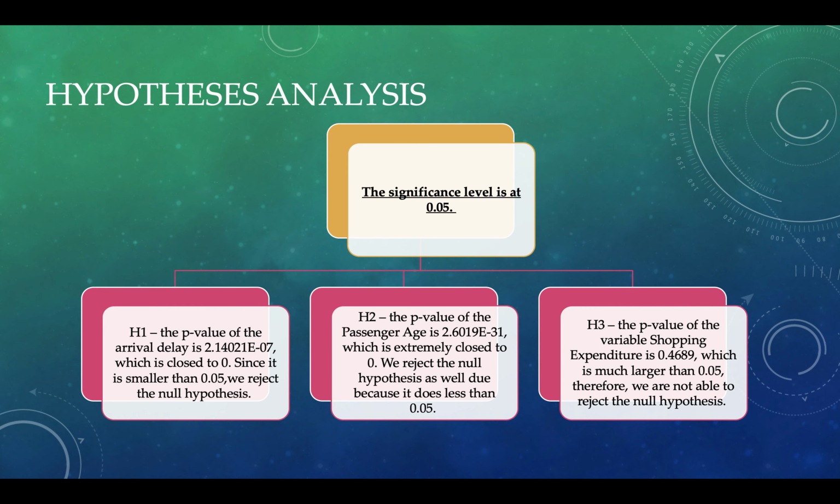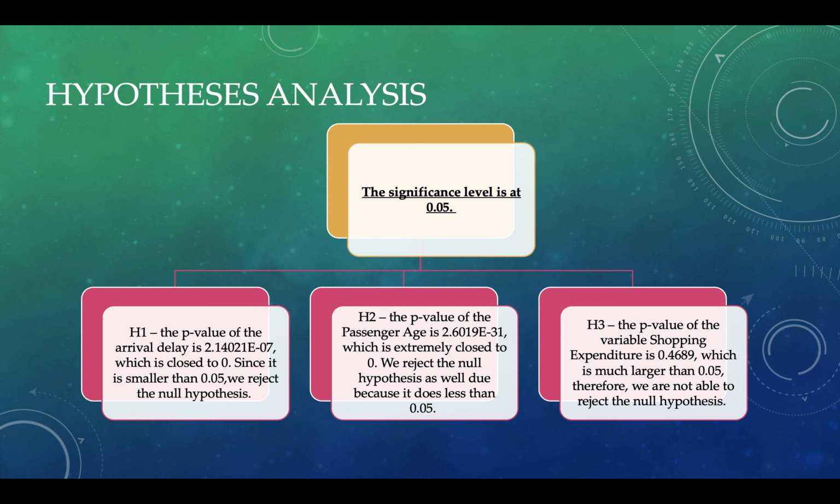We assume the significance level is 0.05, which means when the p-value of a variable is smaller than 0.05, we can reject the null hypothesis. According to the coefficient table, we find that the p-value for the variable delay is basically equal to 0.